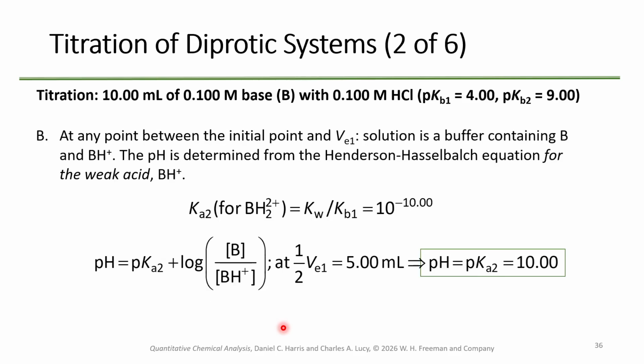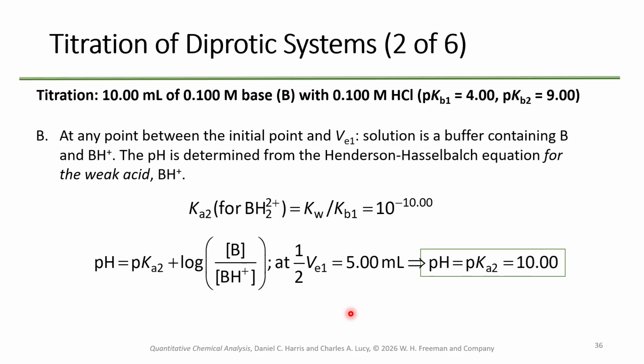So region B, this is going to be a buffer region, and in this case, we just have the Ka2, which is the fully protonated diprotic acid here. So we just need to use the Ka2. Okay. So again, if we're at 1/2 of VE, then this would be 5 milliliters.